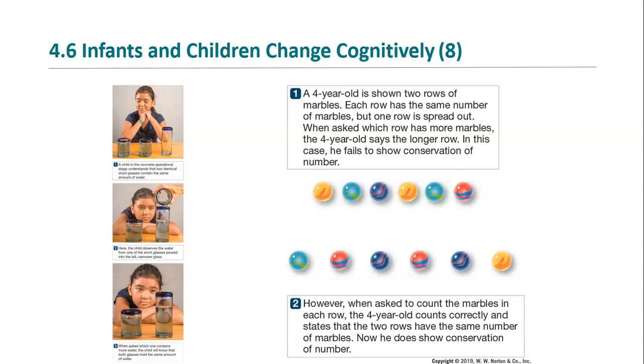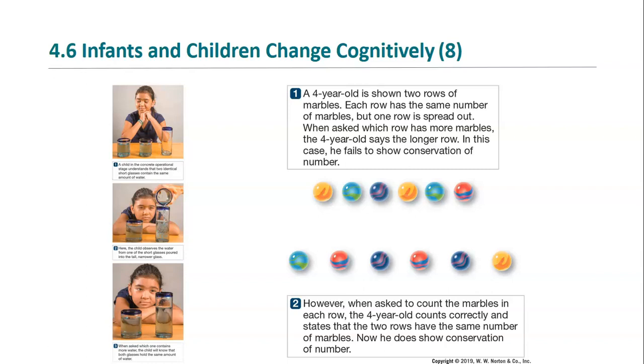However, this capacity to decentrate, or attend to more than one thing at a time, is not absolute. If you give the child a strategy, that is, count the marbles in each row, they no longer are limited by their centered thinking.